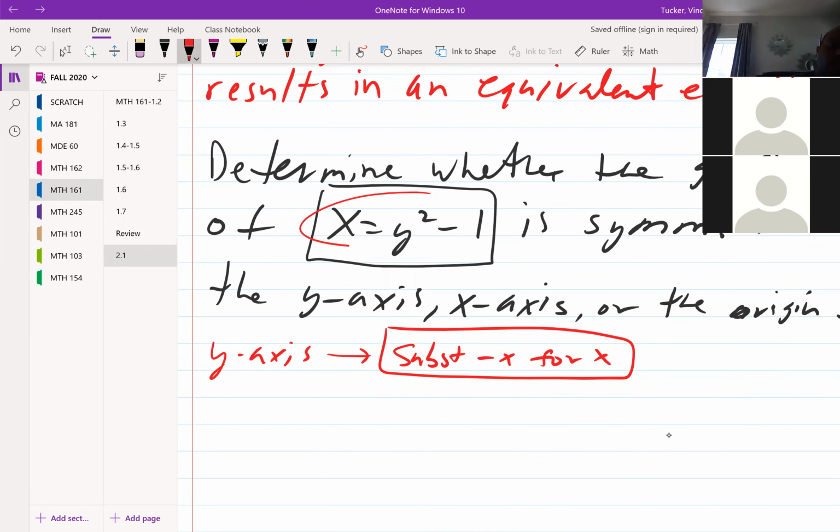This is our original equation. If I plug in negative x for x, after I simplify, if it gives me back what I originally had, that means it is symmetric with respect to the y-axis. So I'm plugging in negative x here: negative x equals y squared minus 1.